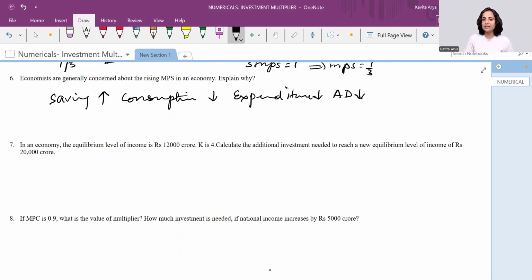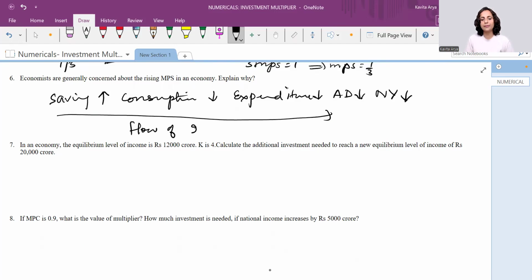And aggregate demand is down means national income is down. So this chain simply says there would be less flow of income, and income would be disturbed. Hence we say that a higher MPC is good for the economy, and when MPS is higher, that's bad for the economy. So let's proceed to question number 7.